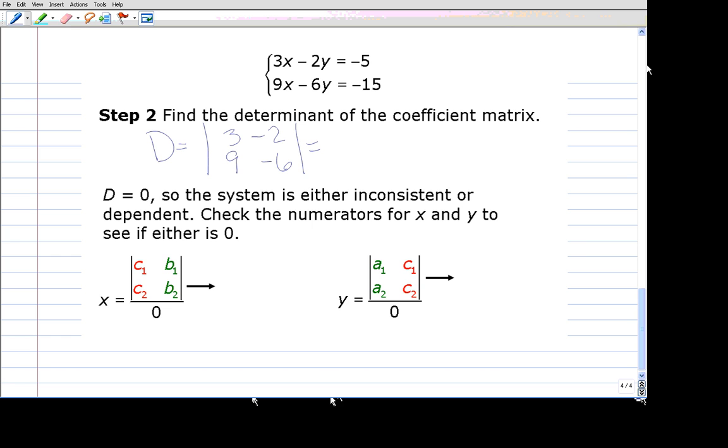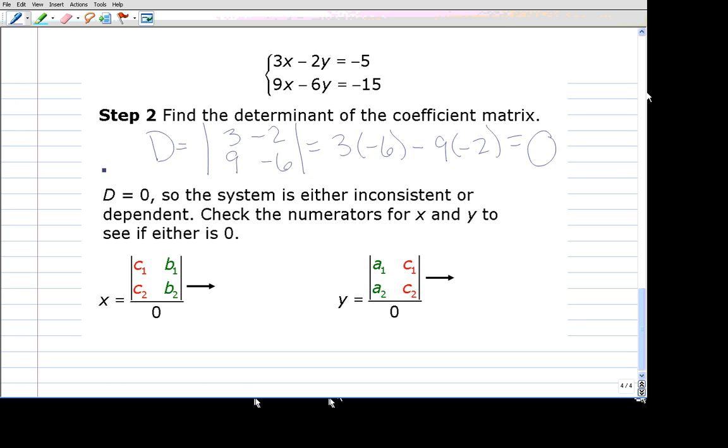So we multiply the first diagonal, subtract the product of the second diagonal. So we get -18 minus -18, or plus 18, and that equals 0.